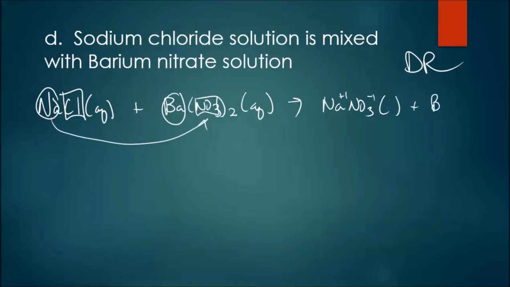What's the charge on Ba? What's the charge on chloride? Is that correct? No. Is that a correct formula? I don't think so, sir. You have too many positives, not enough negatives. So, what do we do?